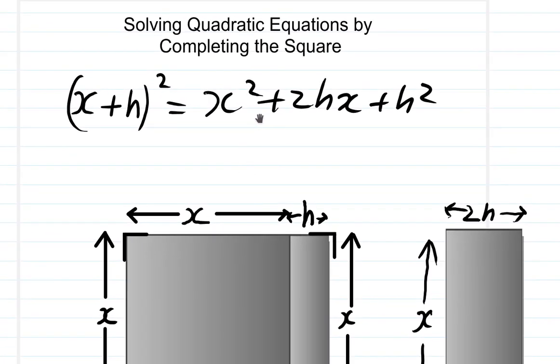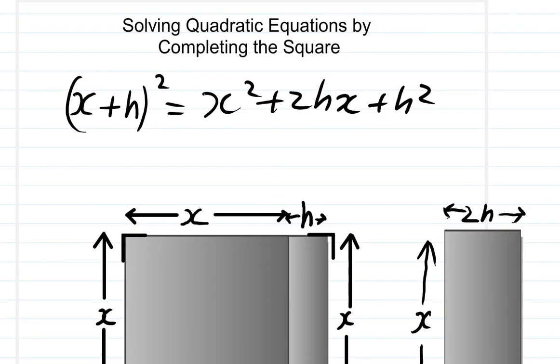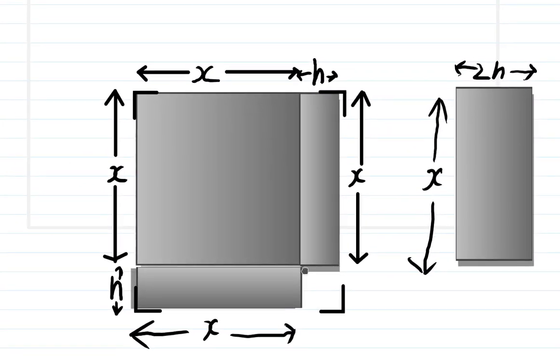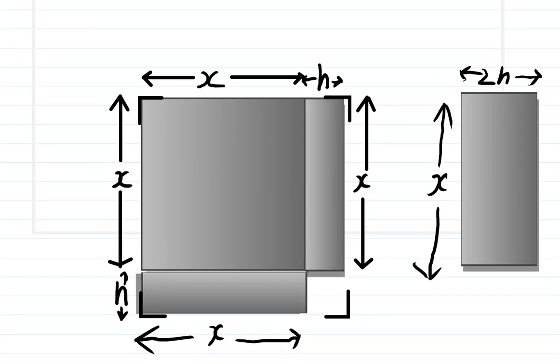Now let's look up here. I'm filling in this square, but it's not yet completed. I have x squared, which is the square here, plus 2hx, which is hx and hx. Remember, the area of this square is x squared. X multiplied by x gives x squared. The area of this rectangle is hx.